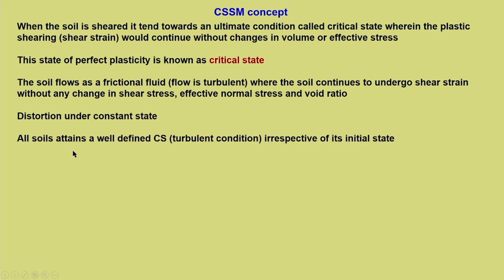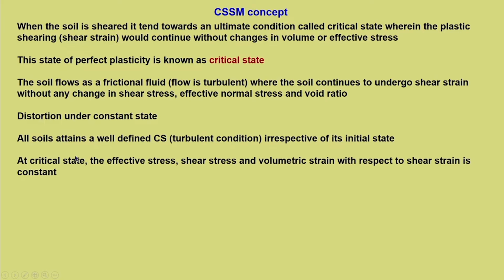All soils attain a well defined critical state, that is a turbulent condition, irrespective of the initial state. Again, this is a repetition, but it is important to repeat these statements. At critical state, the effective stress, shear stress and volumetric strain with respect to shear strain are constant.